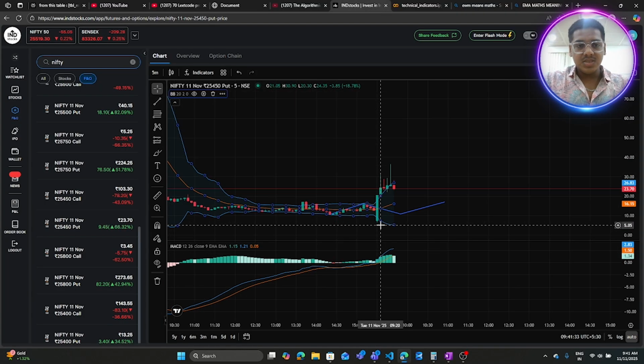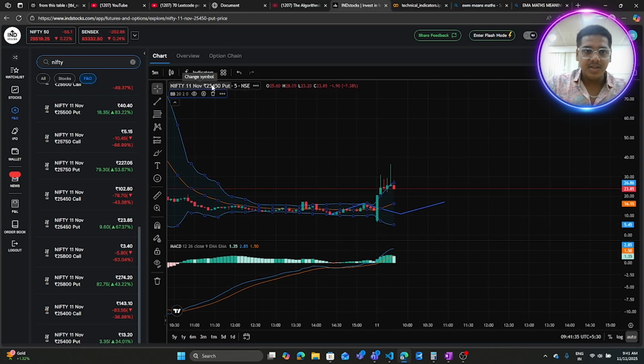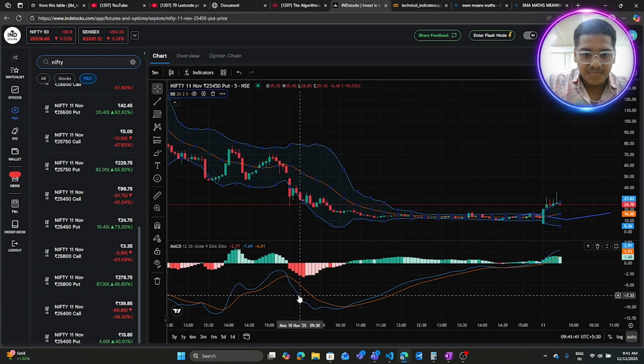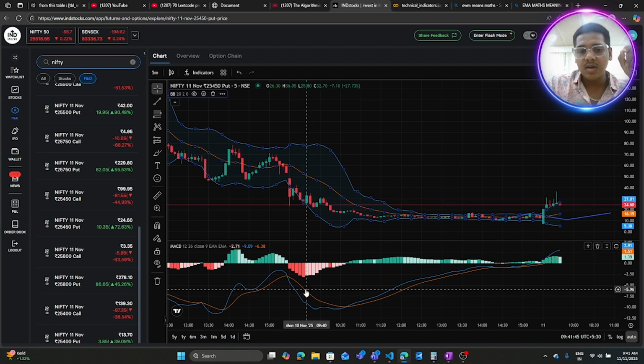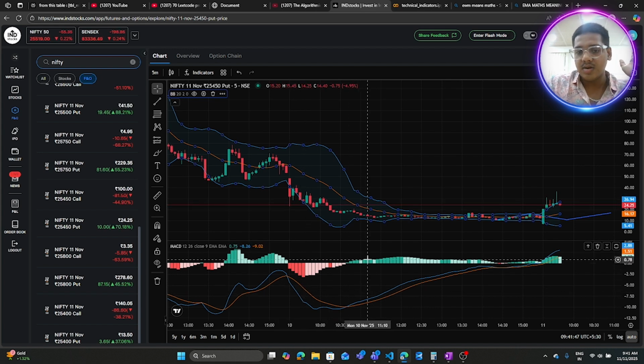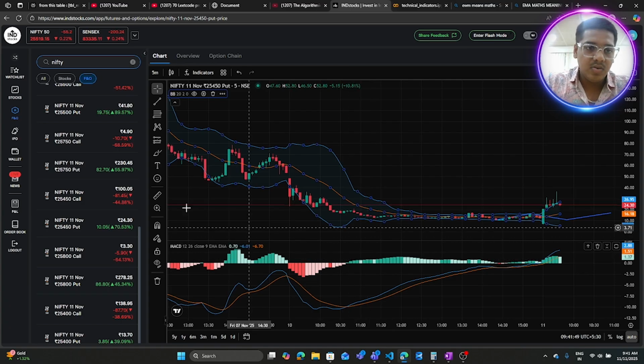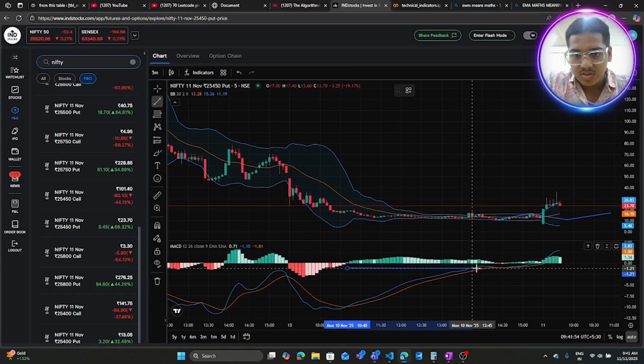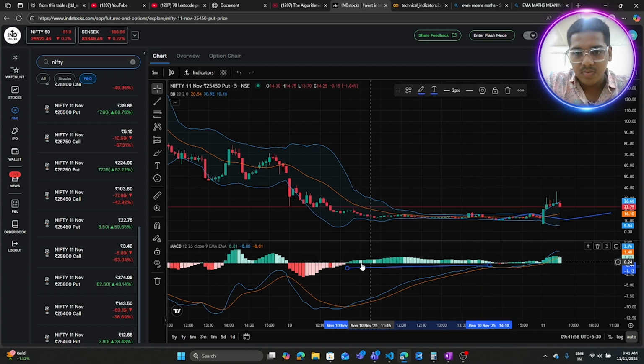So this is the Nifty 50 11 November put, and see, this blue is your MACD line, this orange one is your signal line, and this is your histogram. First I'll explain the histogram. See, from this point to this point we see a rise in volume or momentum.